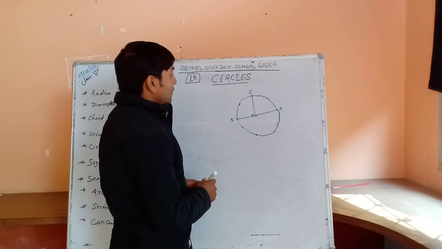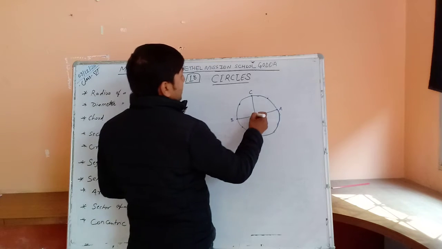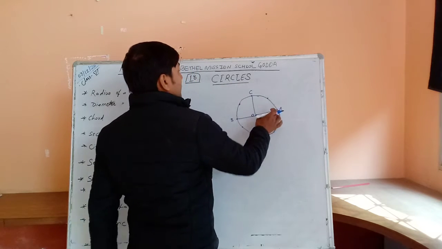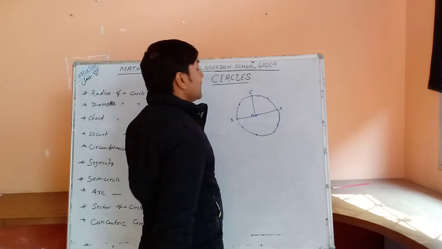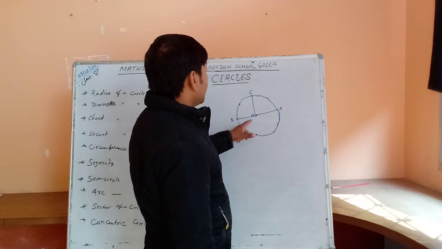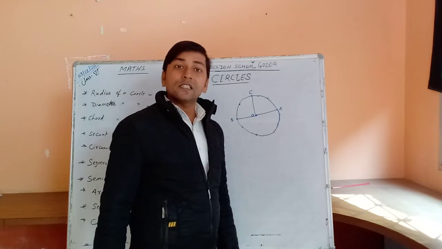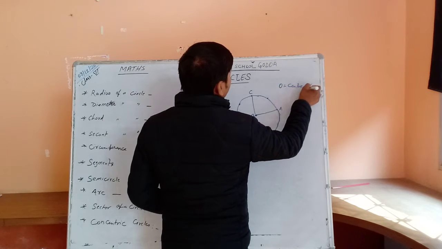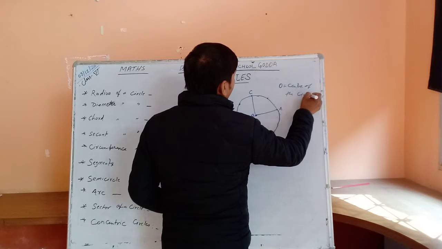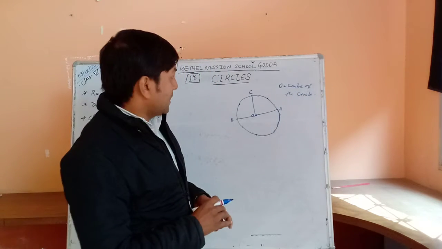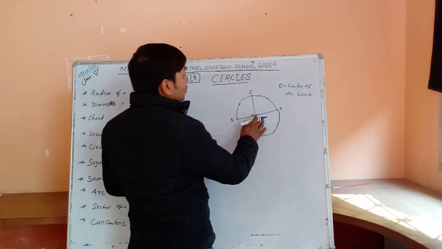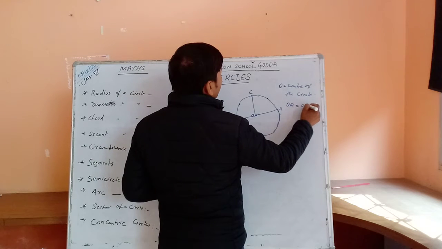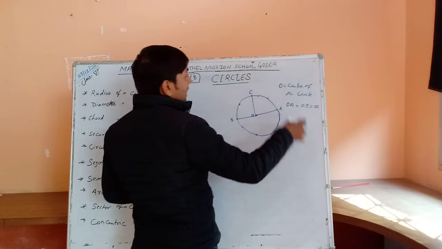Now we know the fixed point from where we have measured the distance. This fixed point is called the center. O is the center of the circle. And O to A or O to B or O to C, all are equal.